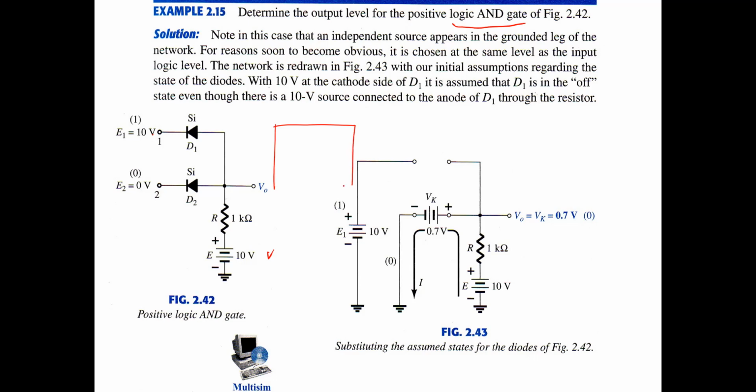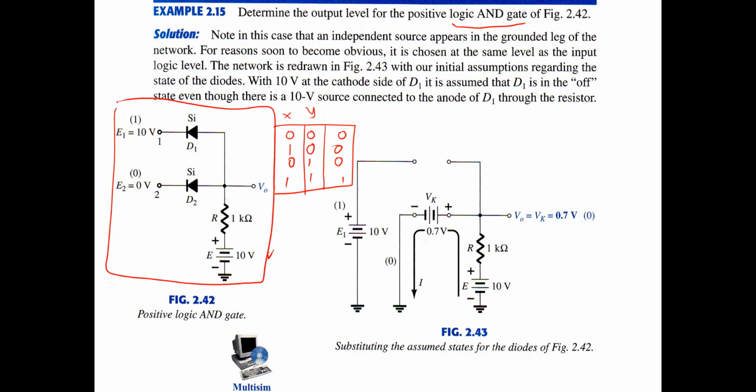For AND, X and Y: 0 and 0 is 0, 1 and 0 is 0, 0 and 1 is 0, 1 and 1 is 1. So if we check this answer, we can understand that the configuration can be used as an AND gate.